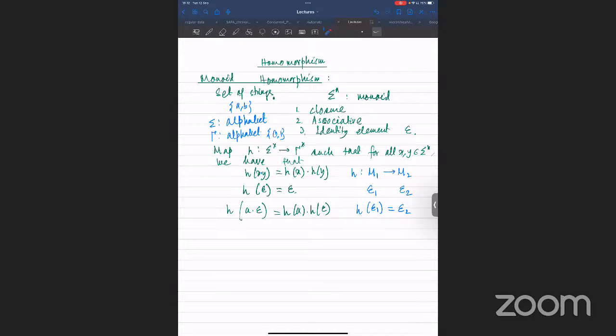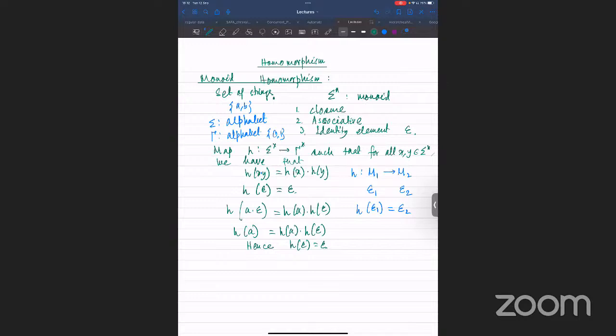So h of a equals h of a dot h of epsilon, hence h of epsilon equals epsilon. Okay, good.